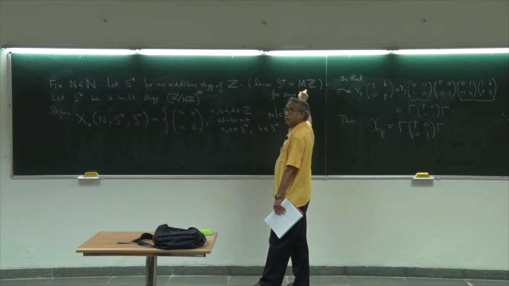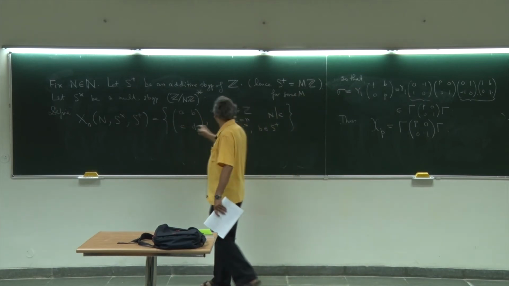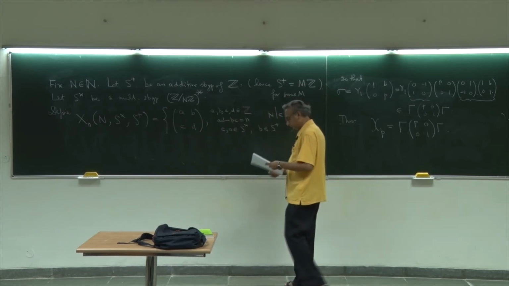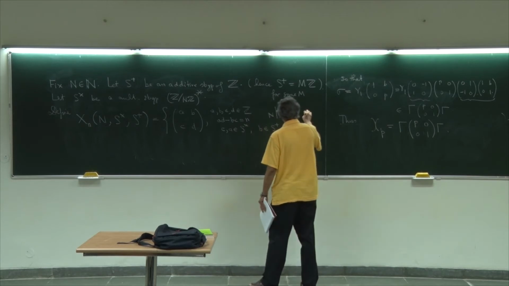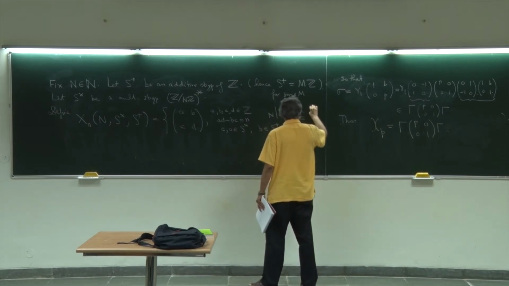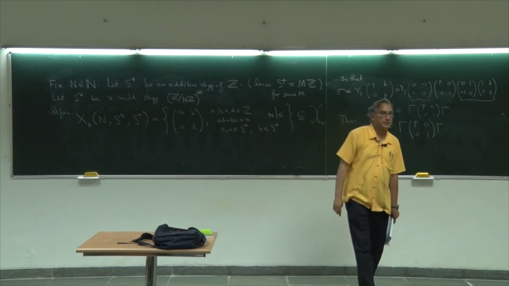That'll be just any old subgroup. But I'm going to insist that C has to be divisible by N. So under my old notation, this is a subset of that script X_n, the collection of integer matrices of determinant n.